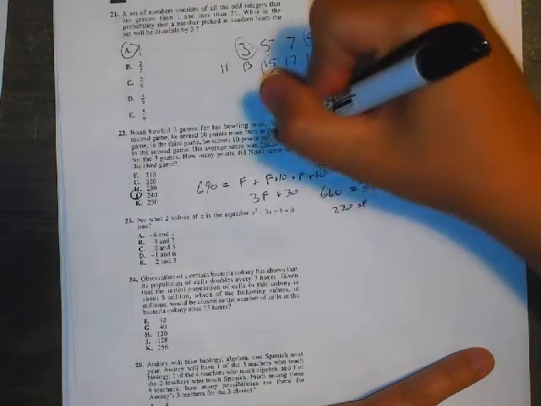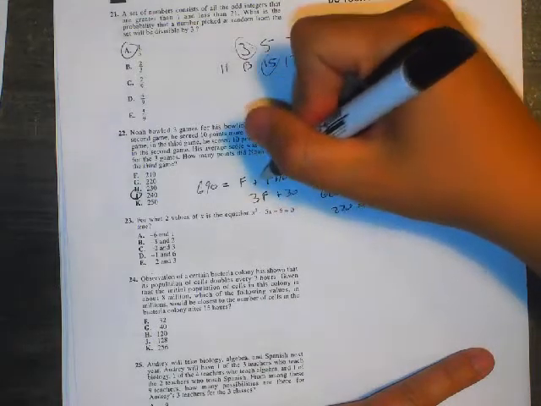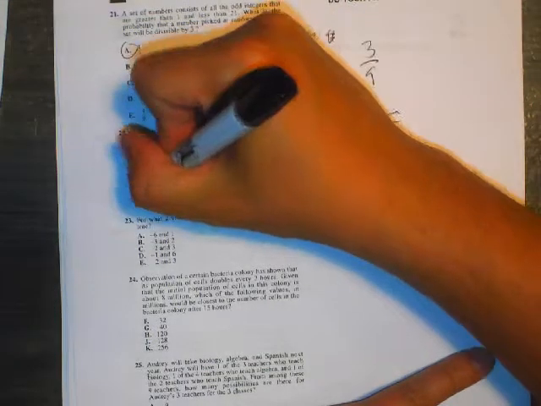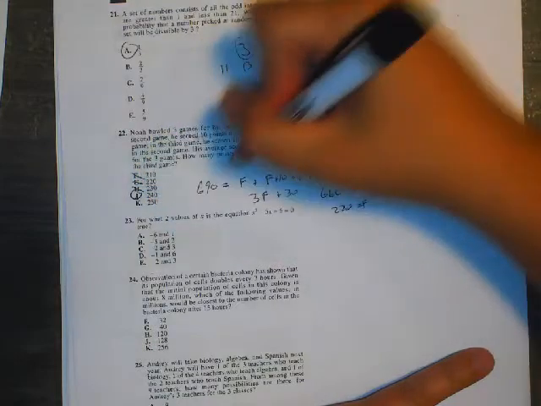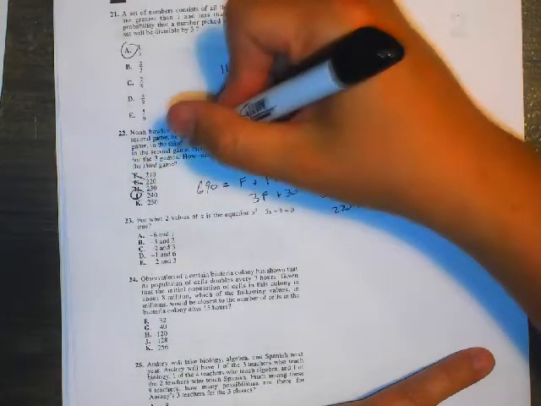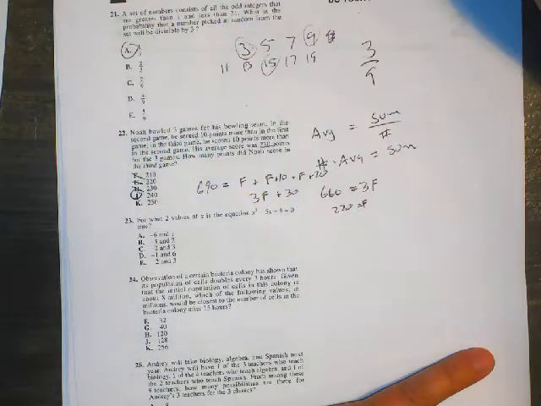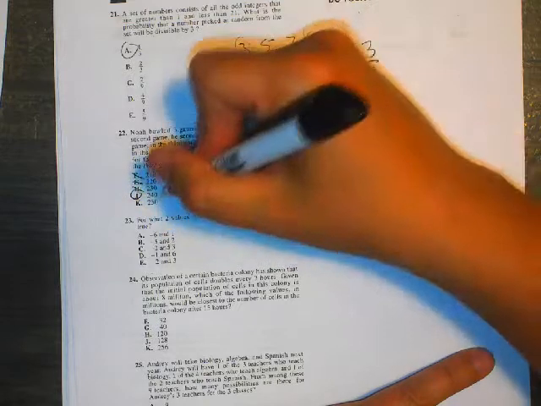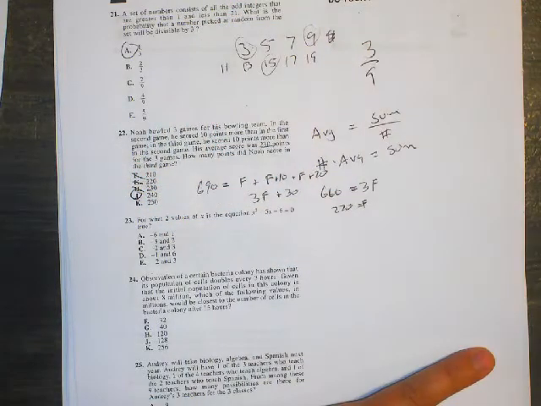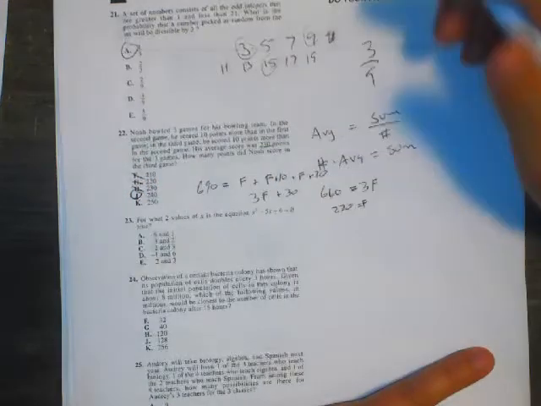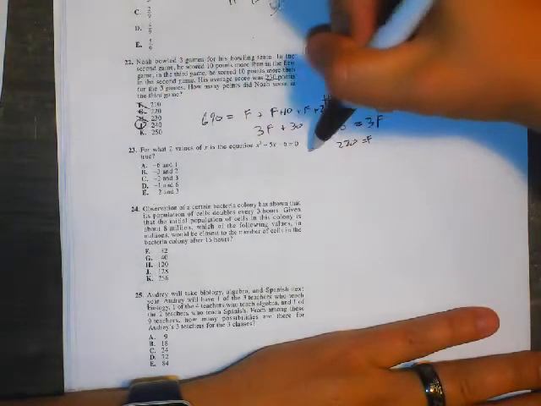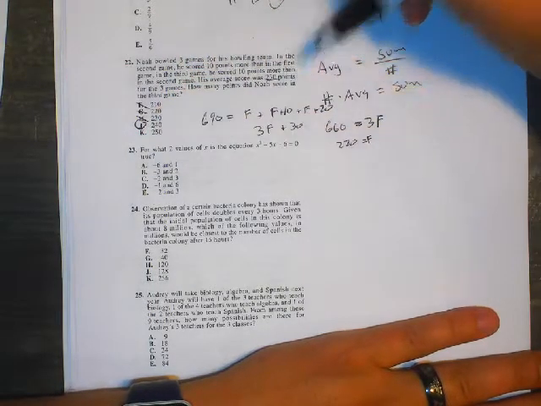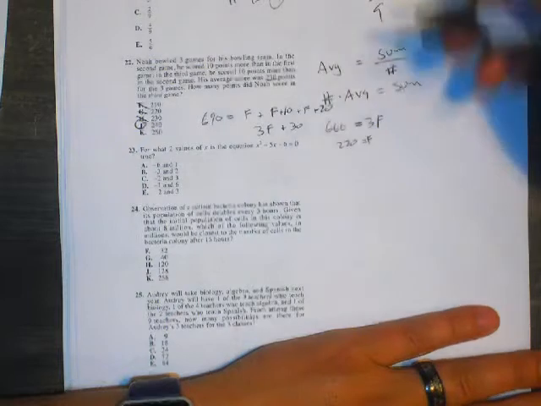So we could have known from the beginning that his middle game was going to be 230 and then gone from there. Probably would have been easier to guess and check too. We know his average was 230. Well, his 3rd game was obviously more than average, so we can cross off those two, and then you can guess and check and say, well, 240 means 230 and then 220, and that does work. 250, 240, and 230, there's no way to get 230 as your average there, so there we go.